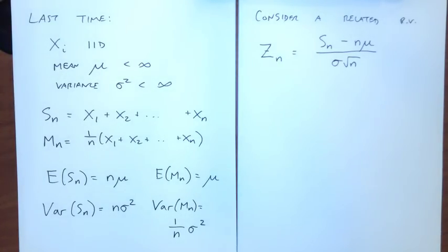So it's basically like the sum, just normalized in a different way. I'm adding up the numbers, subtracting something, and scaling by something, but it's more or less like a sum or an average.